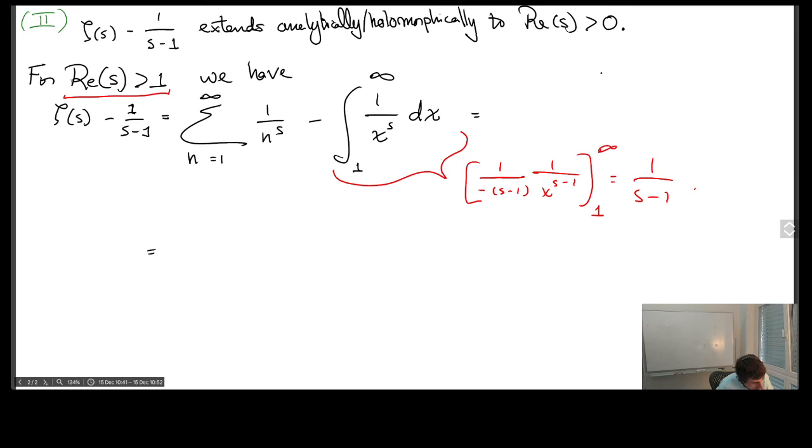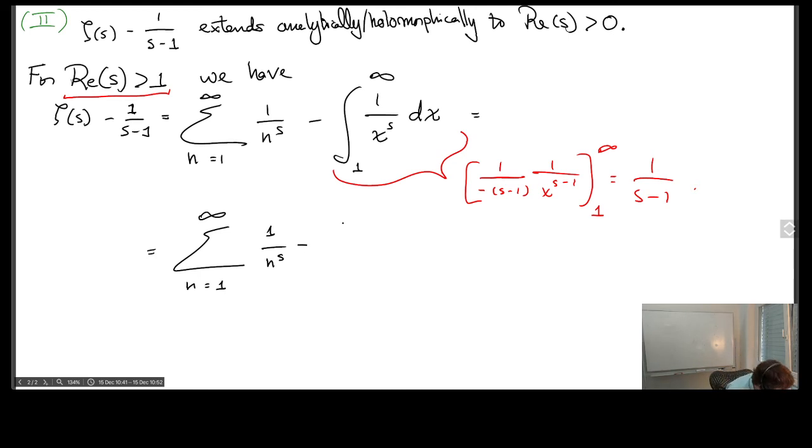Now the point is that I created some kind of cancellation, because this sum and this integral are very similar. So let's exhibit this cancellation. The error of this cancellation will be of order something like 1 over n to the s plus 1, and that will converge for real part of s bigger than 0.